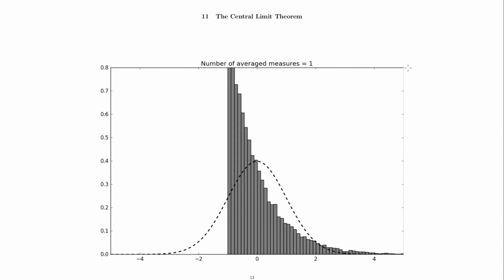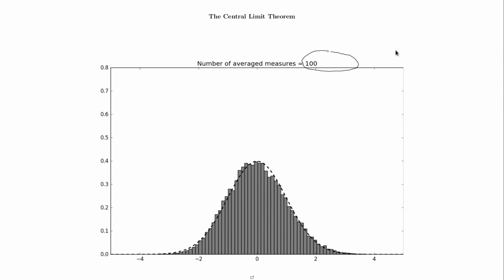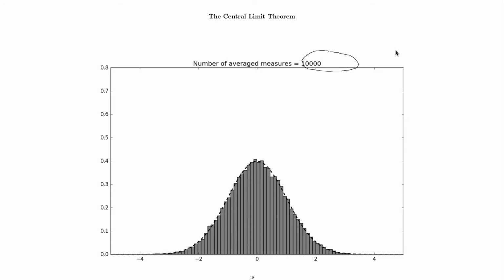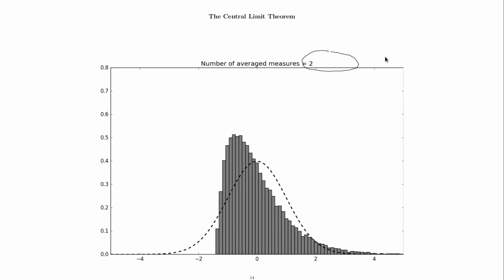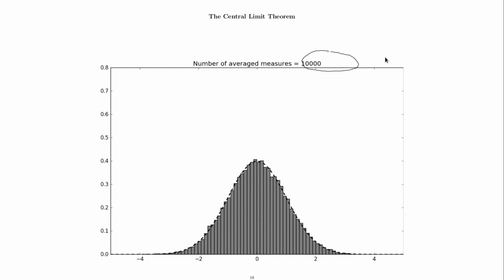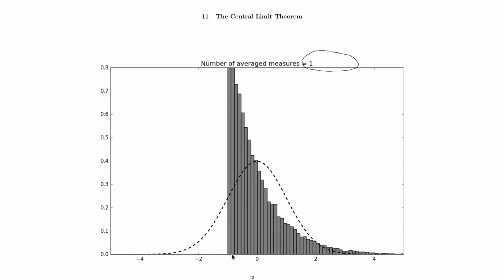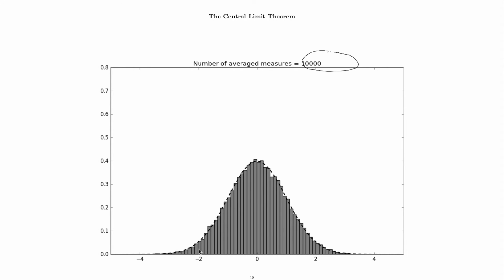I'll circle it even. So what has happened here? Let's just play this quickly. It looks like as I increase the number of averaged measures, I haven't said of what yet, this thing, which looks suspiciously like an exponential distribution here, converges to a standard normal distribution.